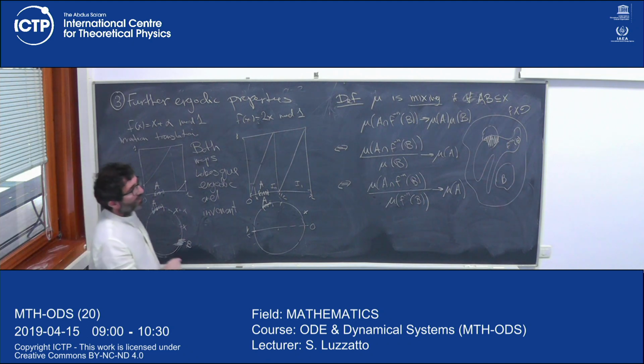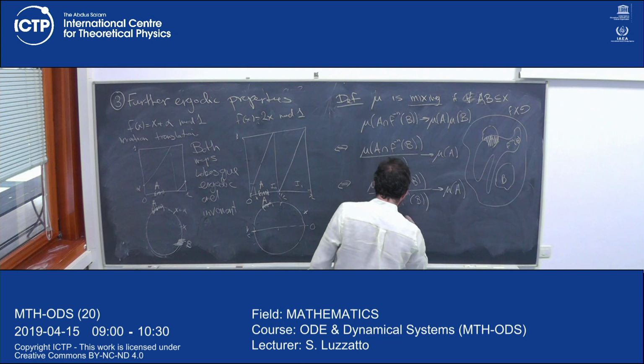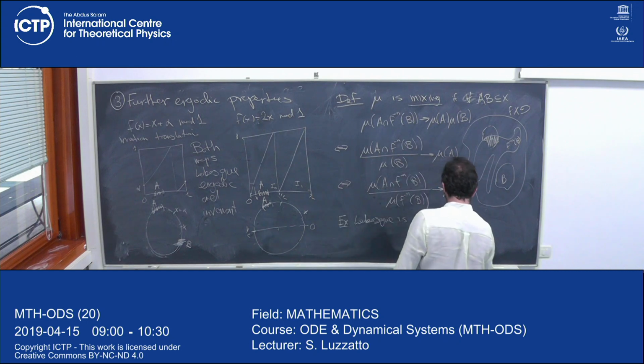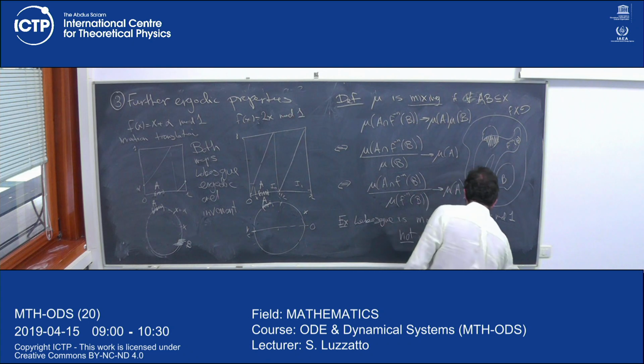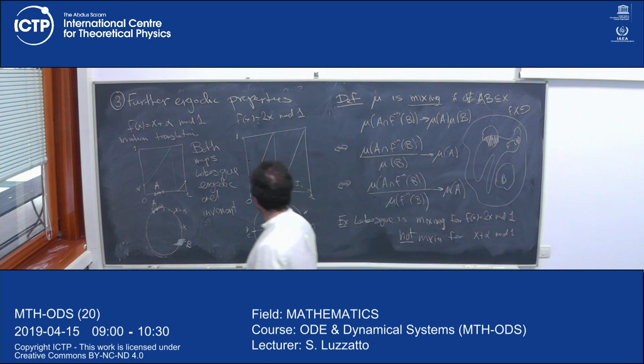Irrational rotation. Lebesgue measure is mixing for f of x equals 2x mod 1 and not mixing for the irrational rotation x plus alpha mod 1.